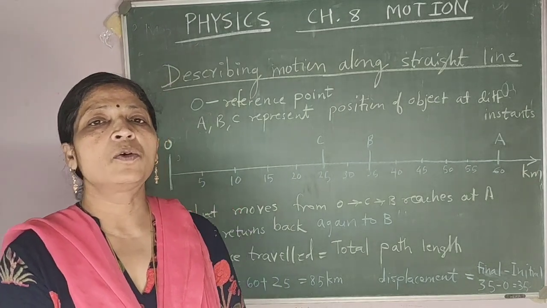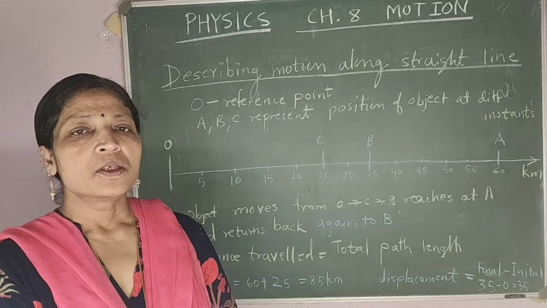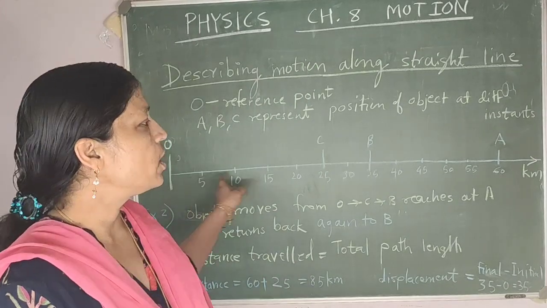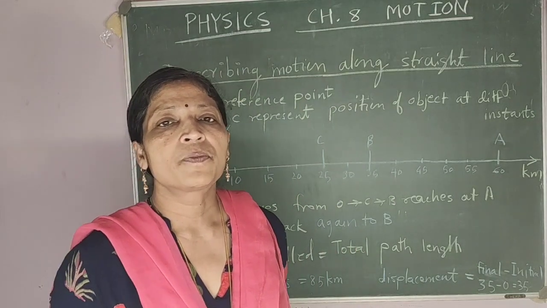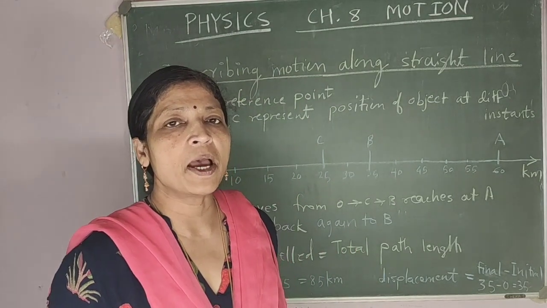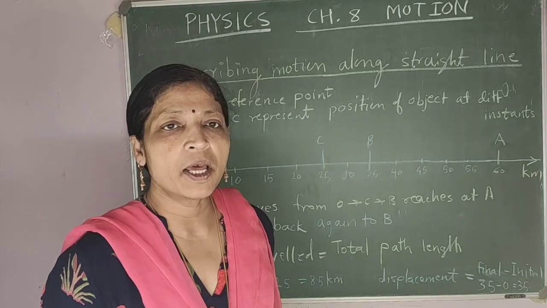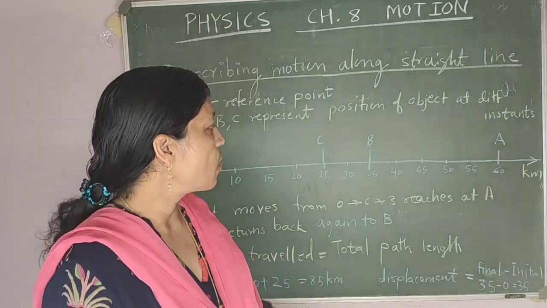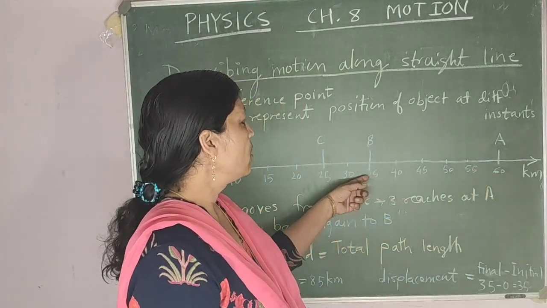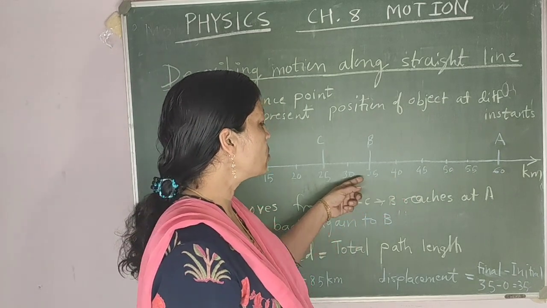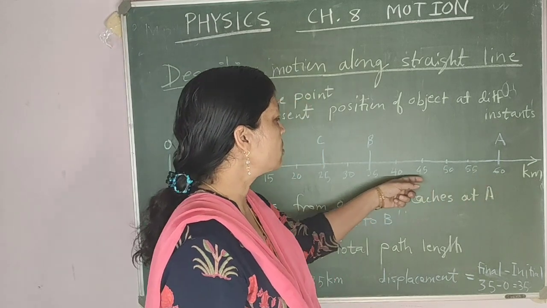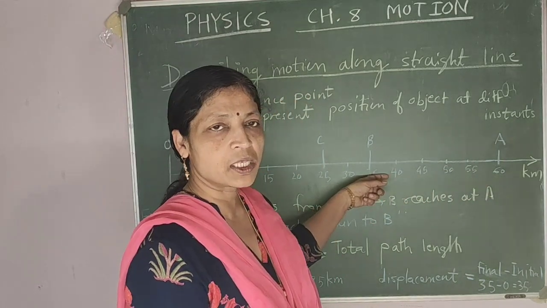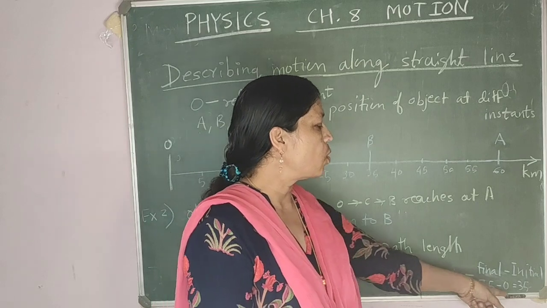How do we use the magnitude as well as direction? See the same example. We are going in the forward direction from O to A, so it is plus 60. But when we are returning back, we are going in the backward direction. So from A to B, we have to subtract the returning back distance, which was 25. 60 minus 25, we got 35.